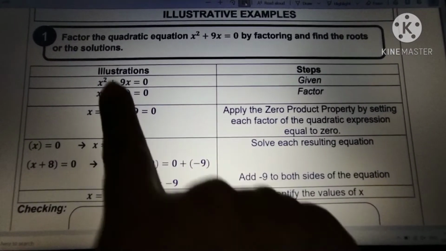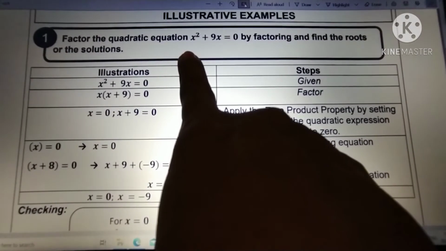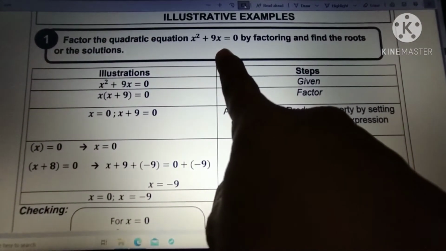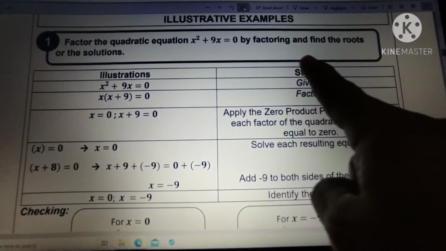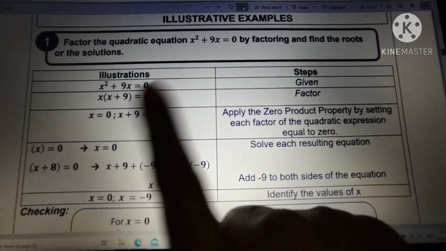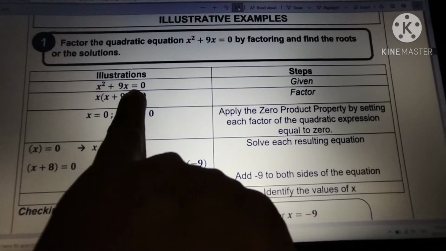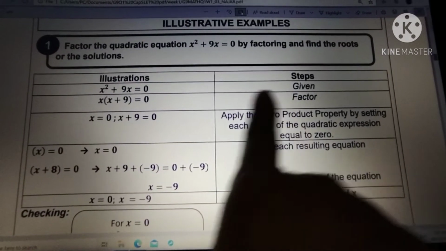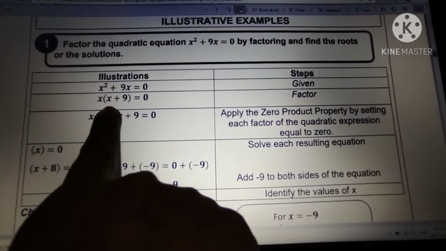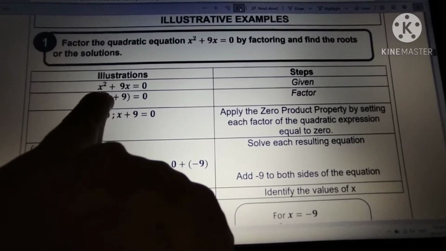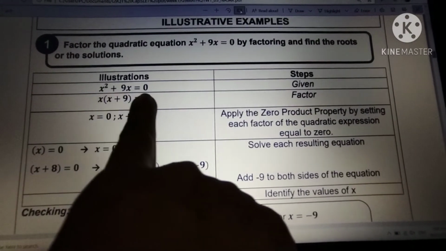Illustrative example number 1: solve the quadratic equation x squared plus 9x equals 0 by factoring and find the roots or solutions. This is the given. The next step is to factor x squared plus 9x.